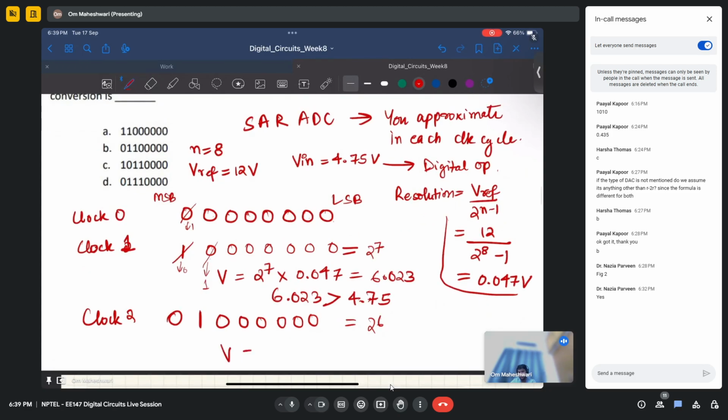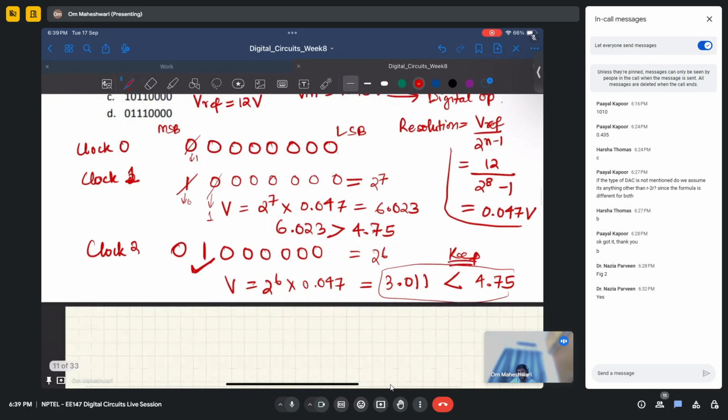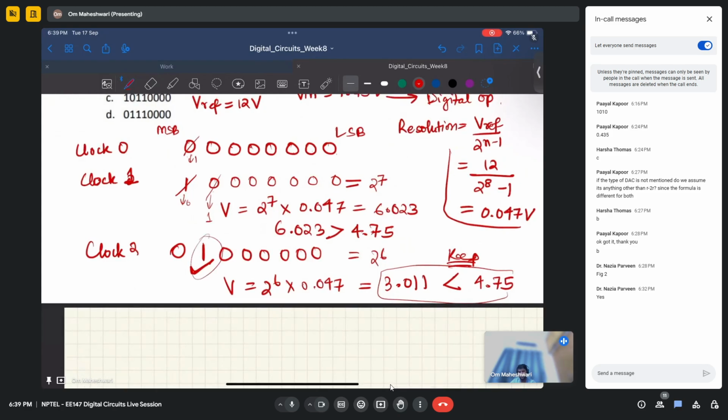So the voltage value is 2 to the power 6 into 0.047, which is 3.011. Now this is less than 4.75. Since it is less, you keep this bit. So in the next cycle, you will not touch this bit now. In the third clock cycle, you will change the third bit to 1.